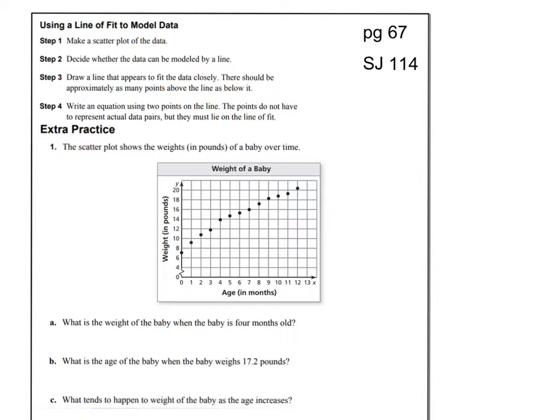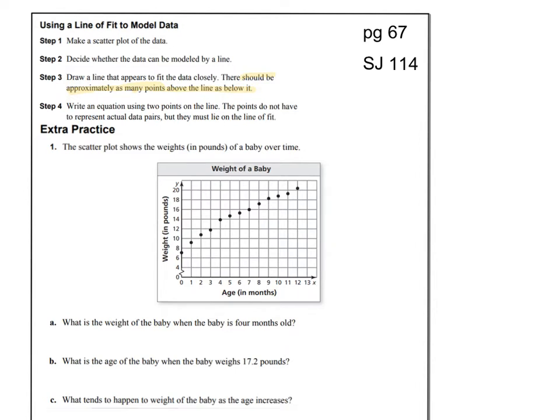You should try to make sure, I'll highlight here because this is very important, that you have approximately the same number of points above the line as below it. Here's an example that I want to talk about. Look at my practice scatter plot that's given.